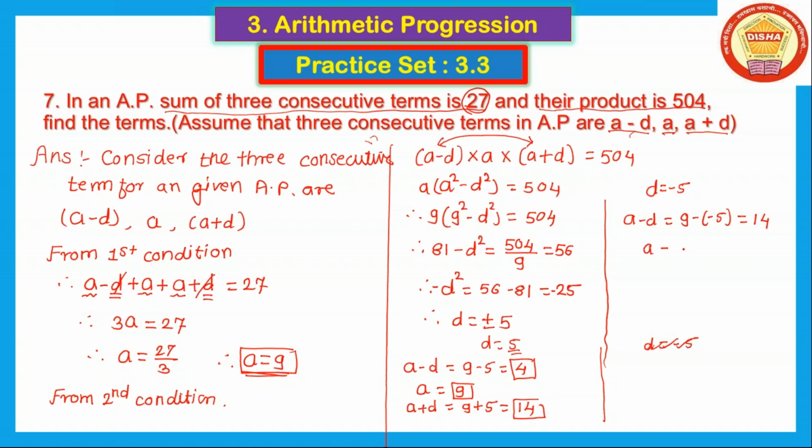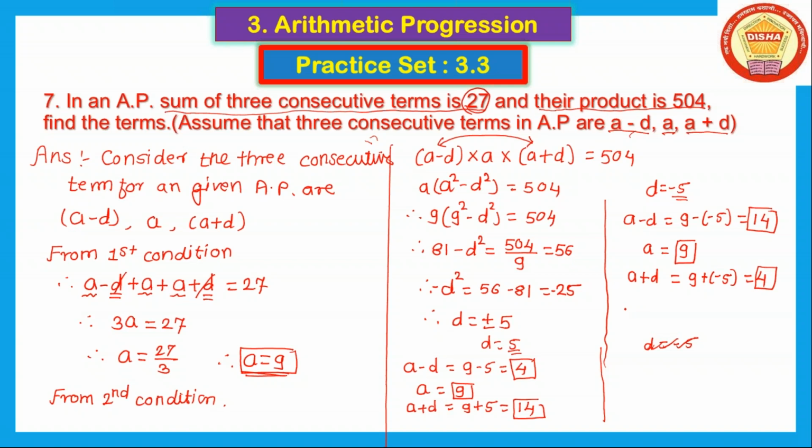A is equal to 9 and the third term is A plus D is equal to 9 plus negative 5, which is equal to 4. Means if we take this negative value of D, then we will get the first term is 14, the second term is 9 and the third term is 4.